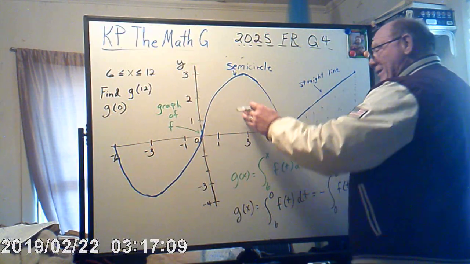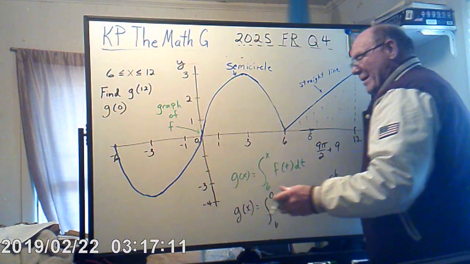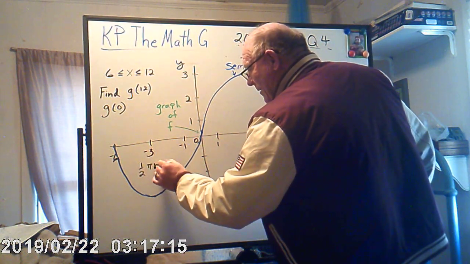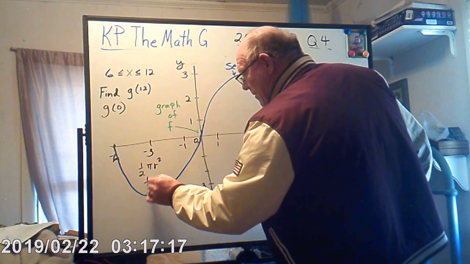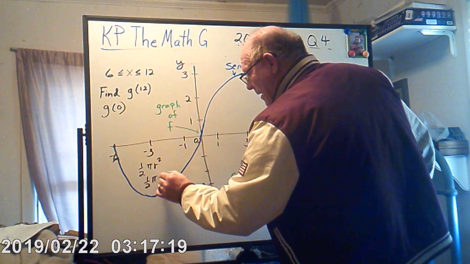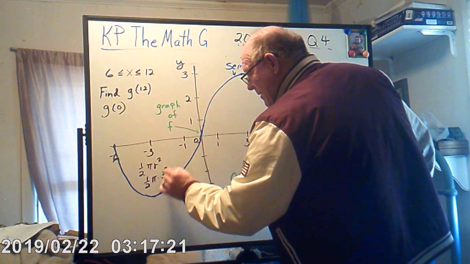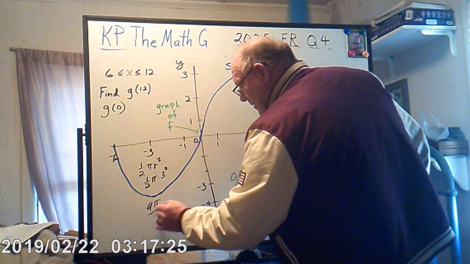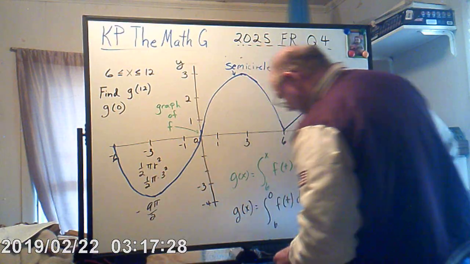We found this area, didn't we? But we already know 1/2 pi r squared. So 1/2 pi times 3 squared, and that's 9. So that's actually 9 pi over 2. But remember, that's a negative.